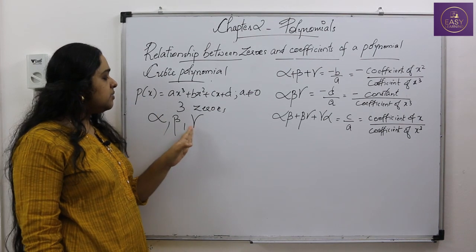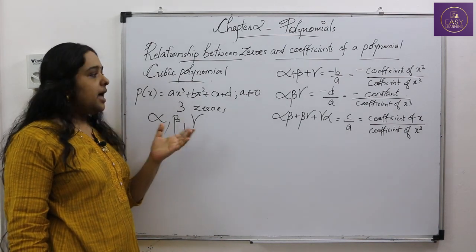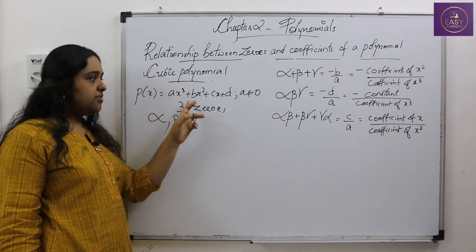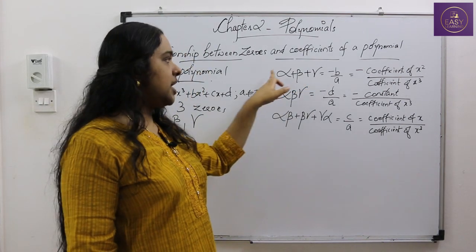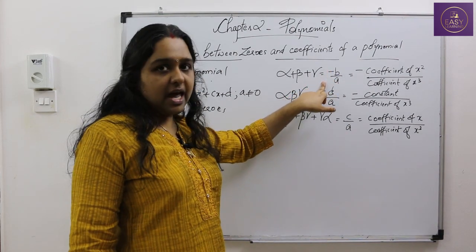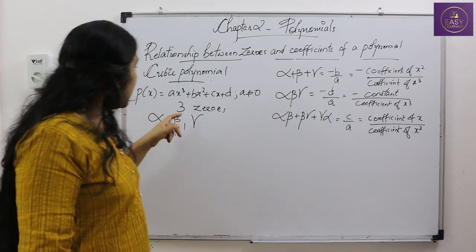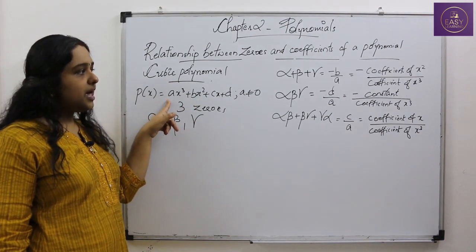The relationship between the zeros alpha, beta, gamma and the coefficients a, b, c and d is like this. Sum of zeros, alpha plus beta plus gamma, equals minus b by a. That means minus coefficient of x square by coefficient of x cube.